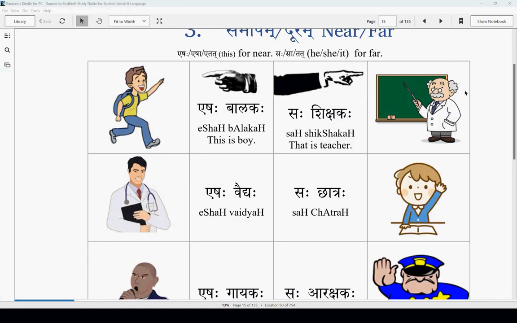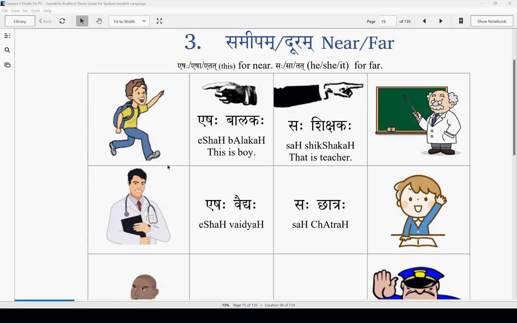I'll show some more examples here, with examples of close and far, near and far. Here we'll use this example. Esha balaka. Here balaka, what is the meaning of balaka? Boy. Balaka means boy. Esha balaka.